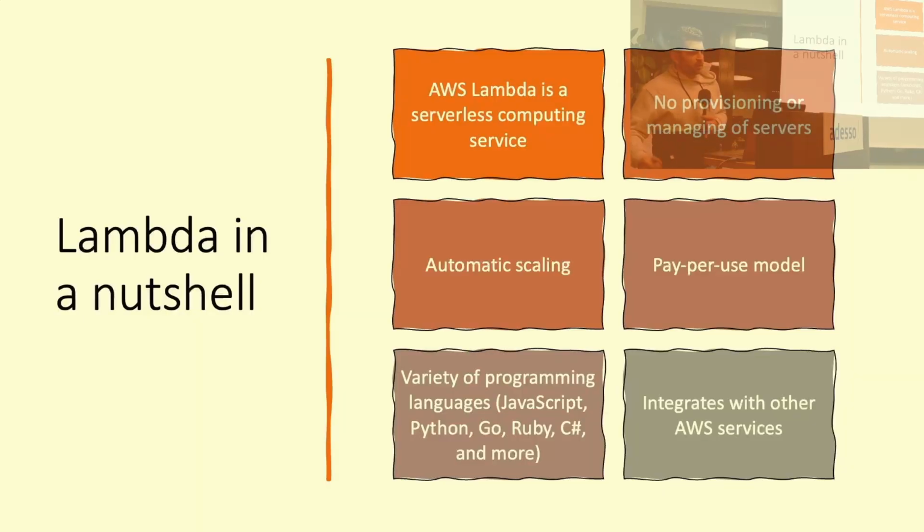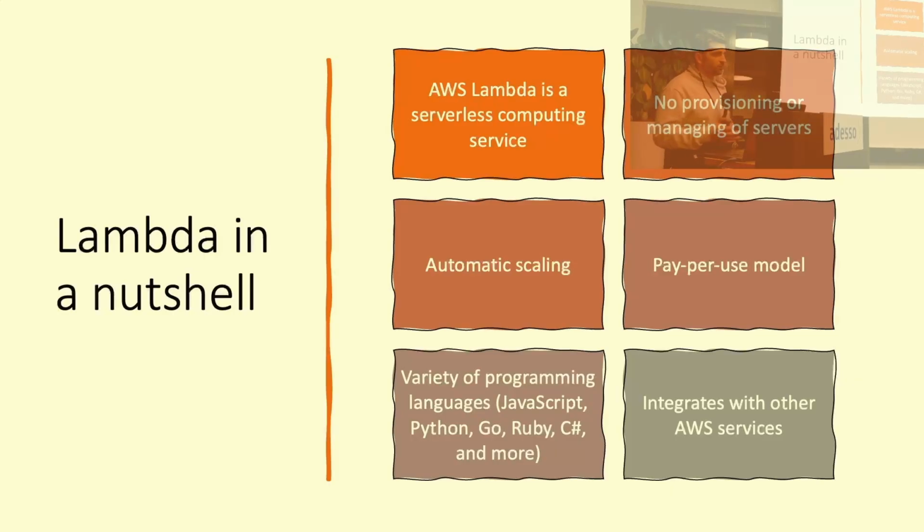What does that mean? It means you don't have to provision your servers. There are servers there, of course. Serverless, again, the joke: there are still servers, just owned and managed by somebody else. You don't need to provision them. You just say, I want to run more Lambdas, but you don't provision your servers. It has automatic scaling. If you need to run one instance at a time, you will have it.